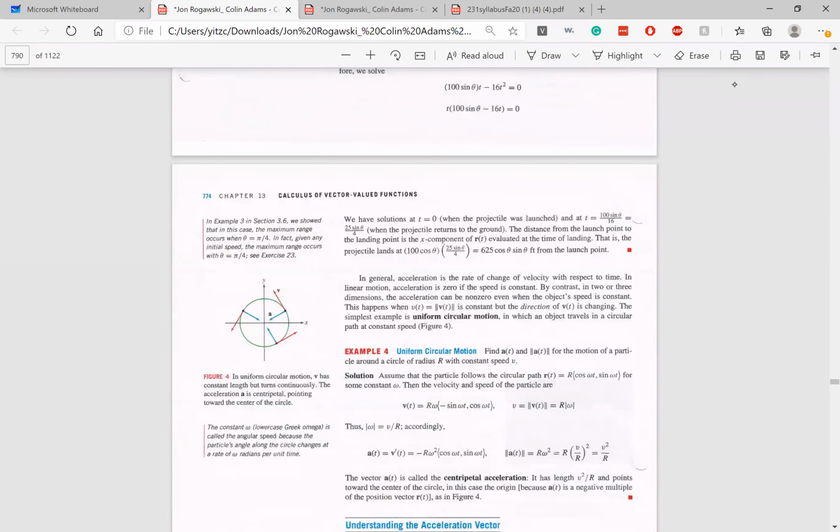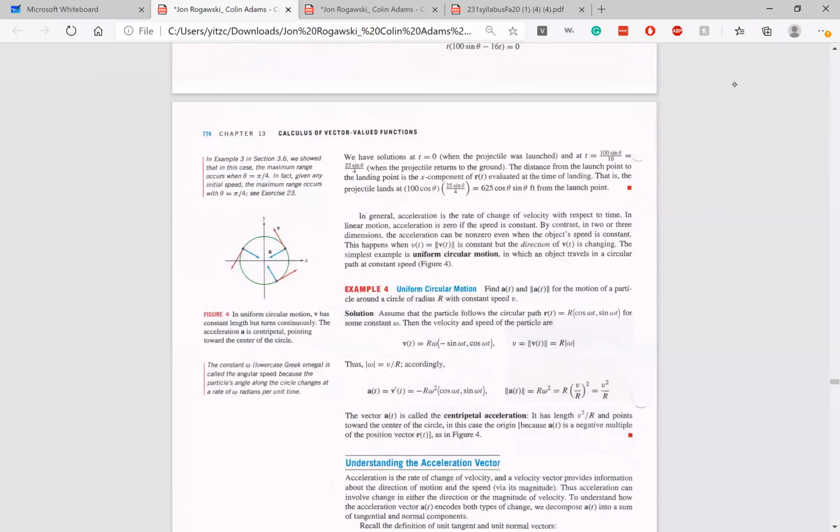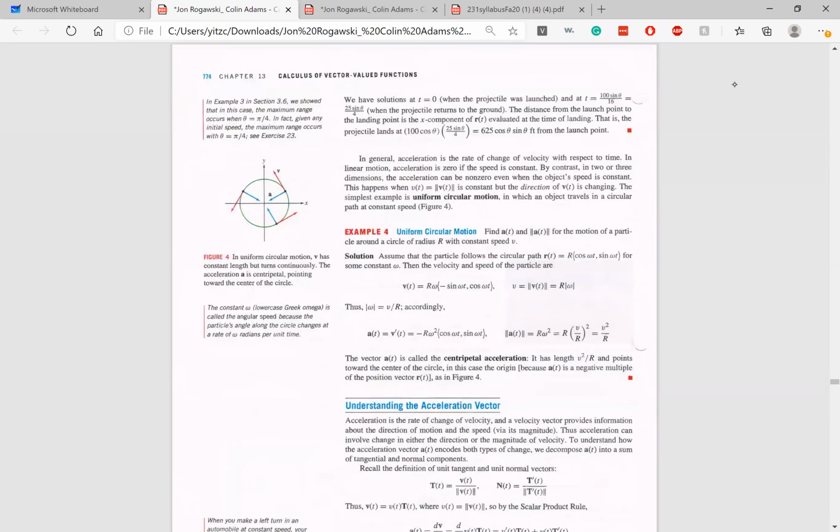So now they want us to be able to do this for a circle too. Uniform circular motion: find the acceleration and the magnitude of the acceleration for the motion of a particle around the circle of radius r with constant speed v.